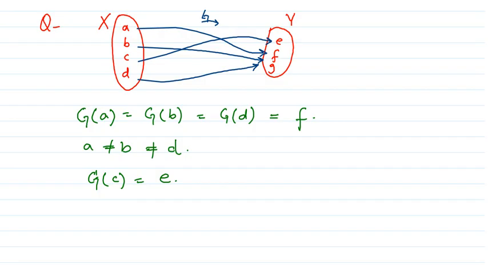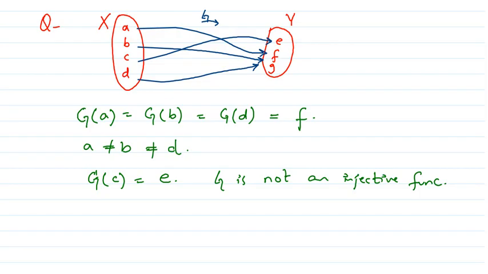Now, one very important question here. With these given sets X and Y, can there be any possibility to make sure that G is a one-to-one function?